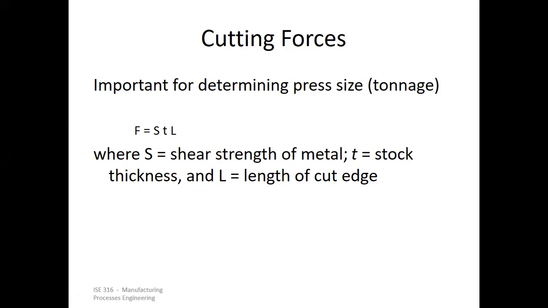They depend on the shear strength of the metal that you're cutting, and the stock thickness. The thickness of the sheet is also important. The more the thickness, the more force is required. And the same goes for the shear strength. The more the strength of the metal, the more force would be required to shear it.